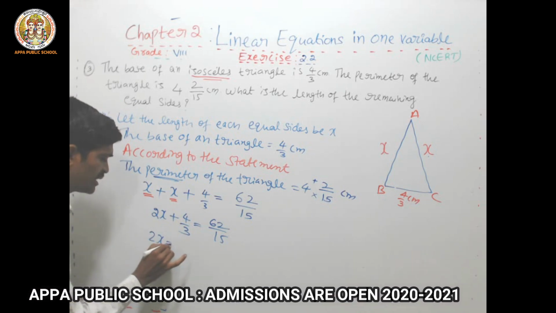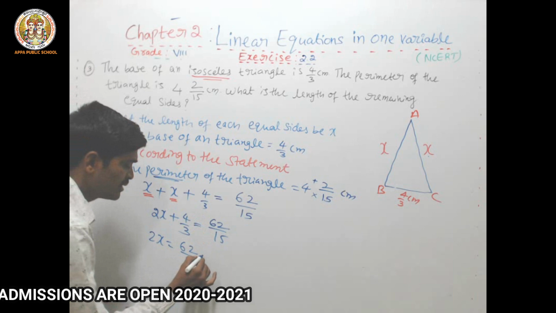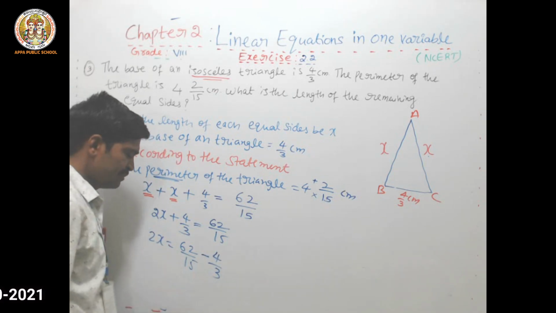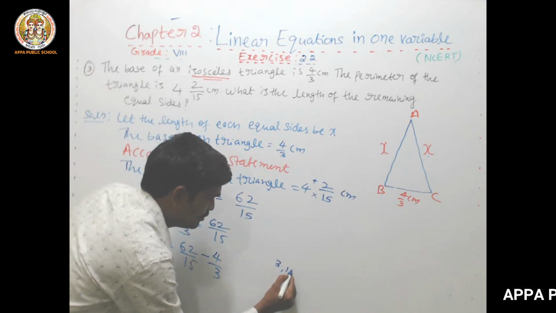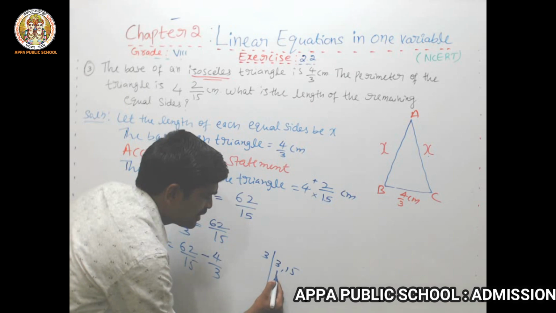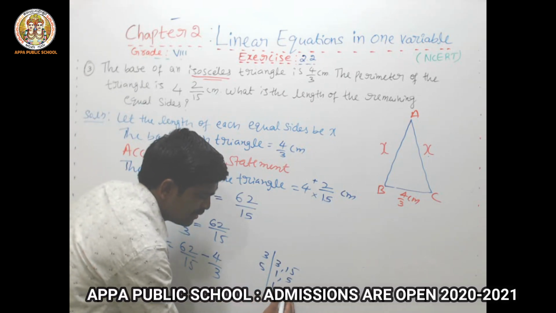Now 2x keep as it is, 62 by 15, and 4 by 3 transfer to the RHS, that should be minus 4 by 3. Now take the LCM of 3 and 15. Both numbers come in the 3 table, so start with 3: 3 ones are 3, 3 fives are 15. Again 5 ones are 5.